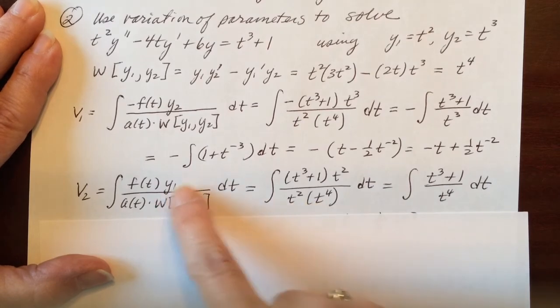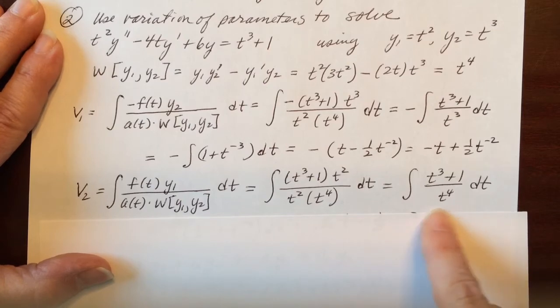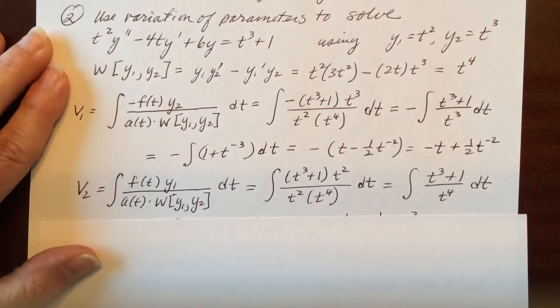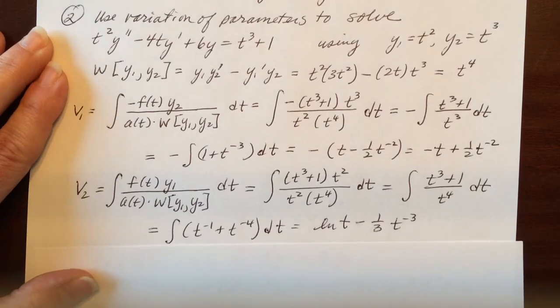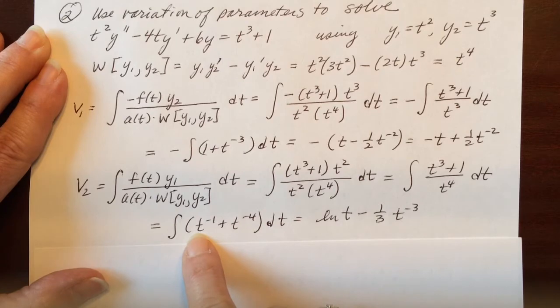But the y1 now is the t squared instead of the t cubed. Again, we can integrate this by simplifying and dividing. We've got to be careful not to use the power rule on t to the negative 1. It is the natural log of t.